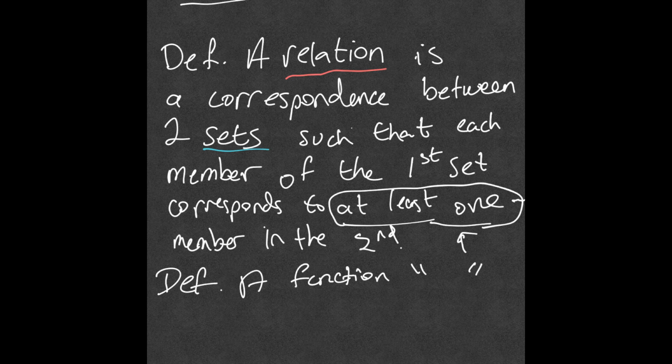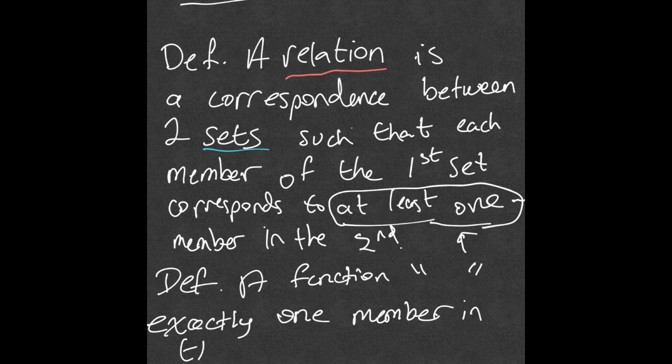So we're going to say that it's two sets such that each member of the first set corresponds to exactly one member in the second set. Okay, so that's the main difference between a relation and a function.